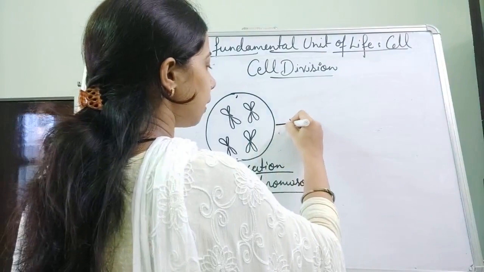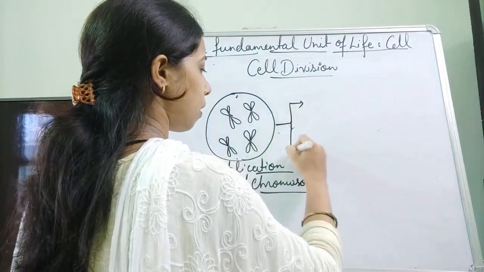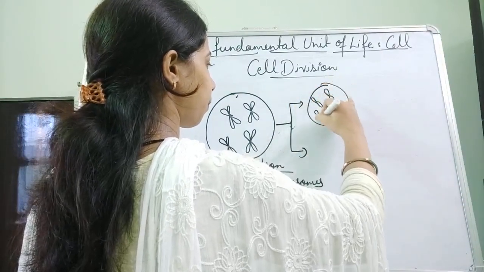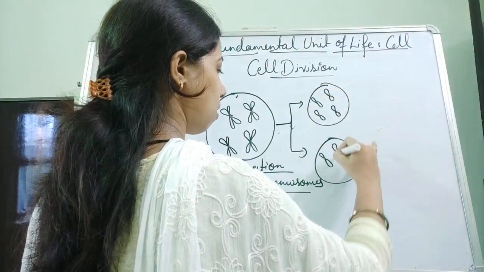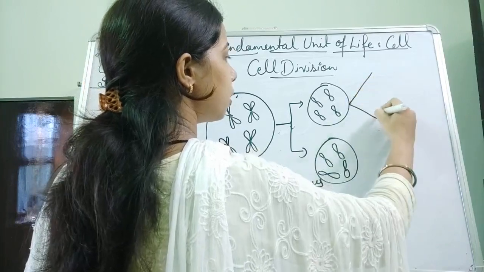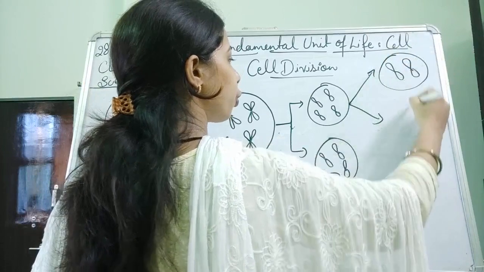So this gets divided into one like this, and another one also like this, and again each of these gets divided into two, and this time the cells have half the number of chromosomes.